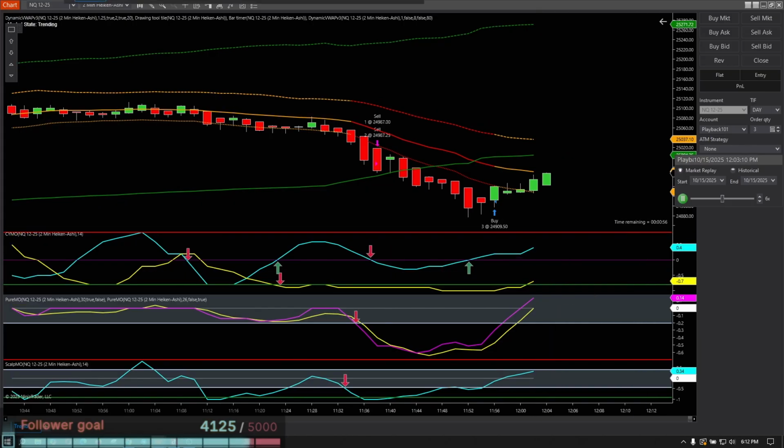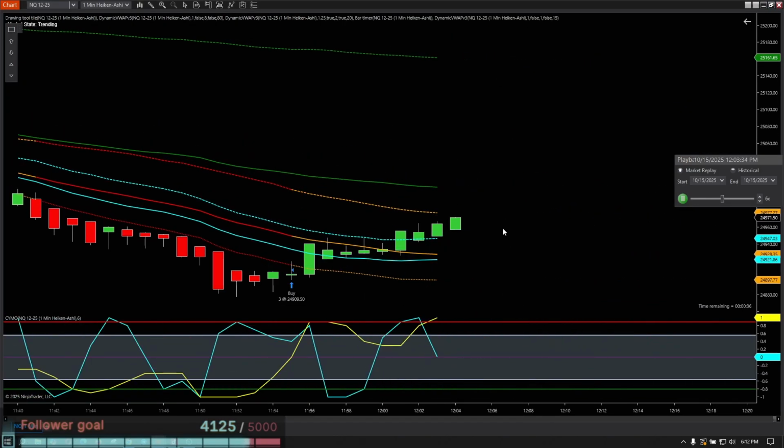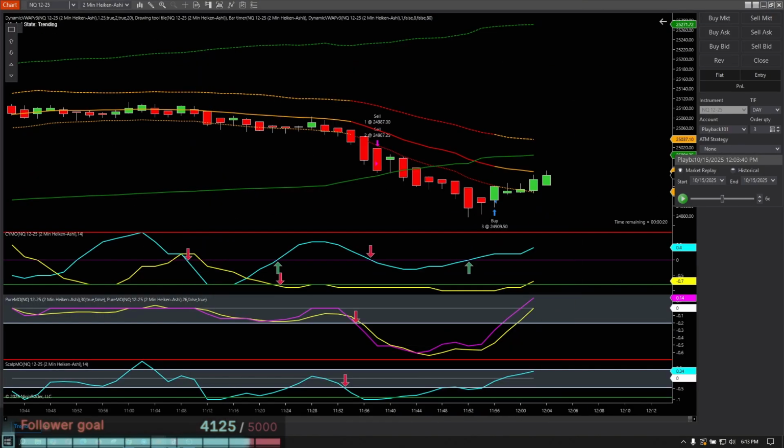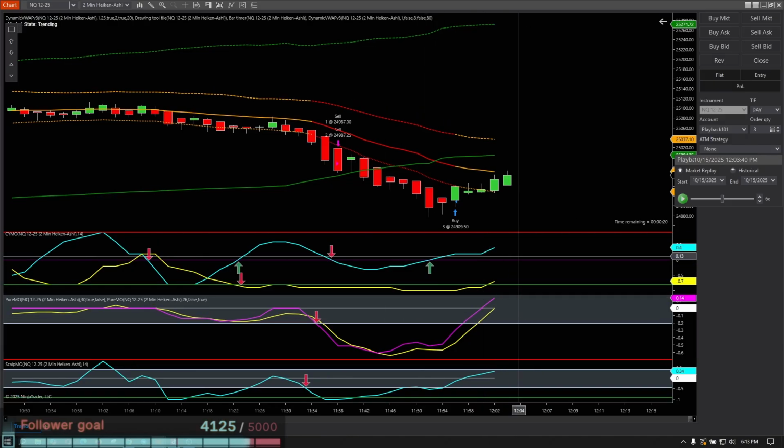So now you bring back your cycle chart right here, and it looks like we have liftoff right here at 12:02. So we go back to the trend chart and see whether or not this is actually the beginning of a move to the upside.